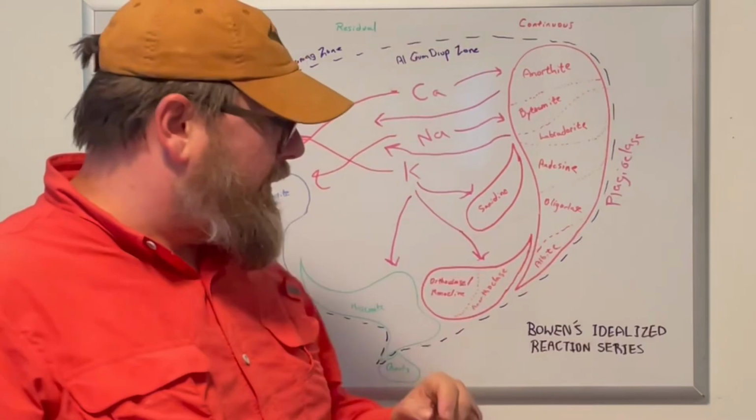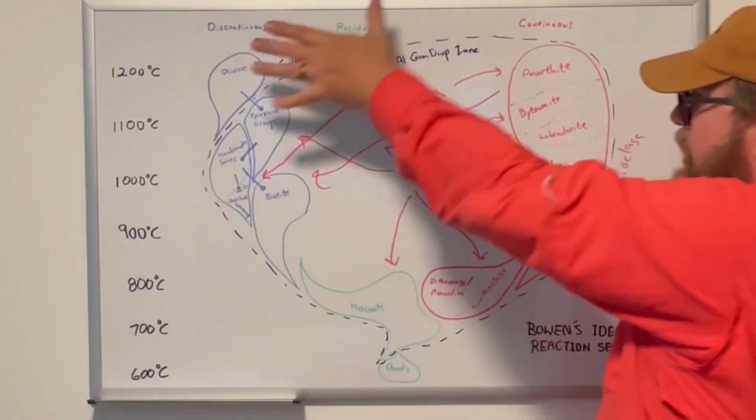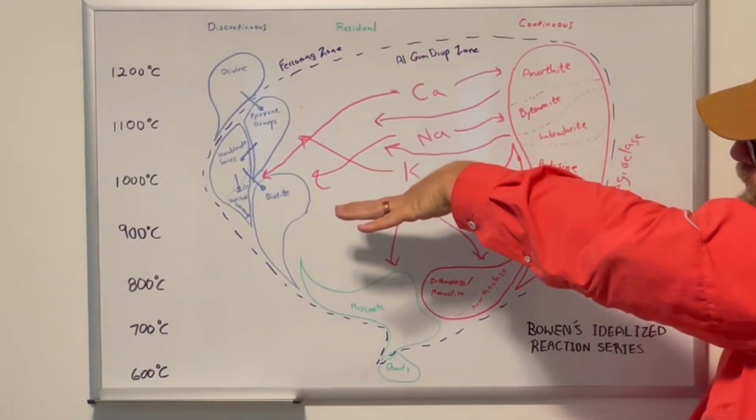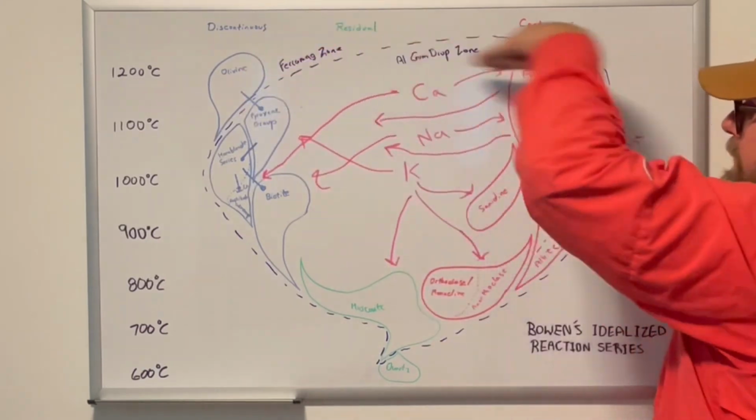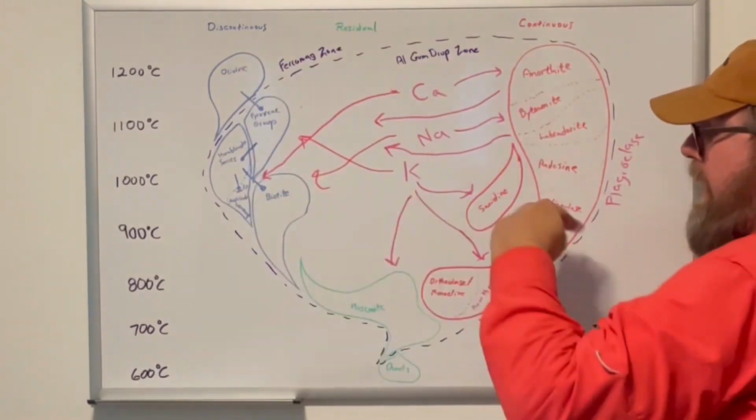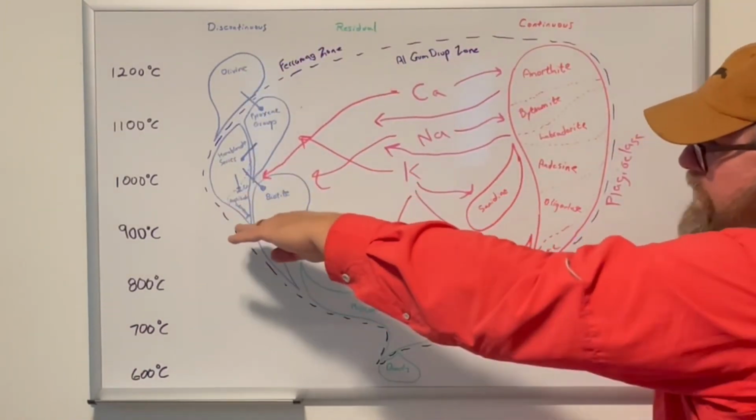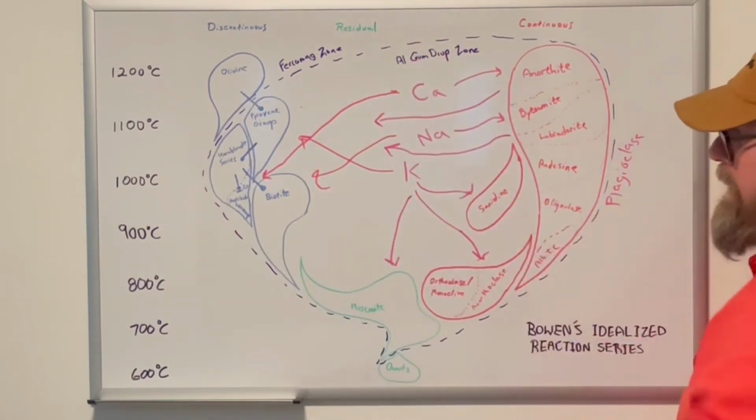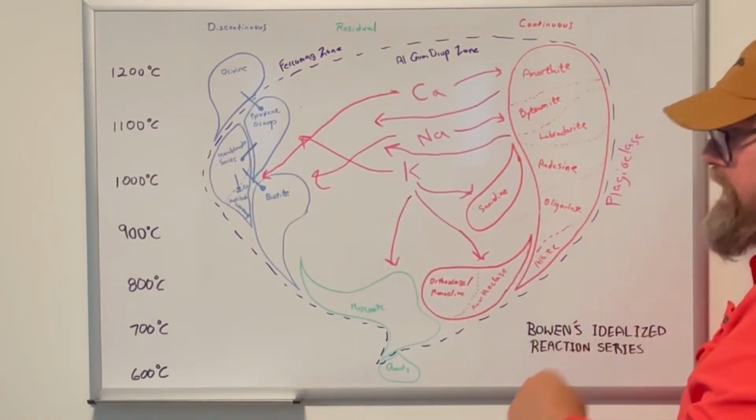One more thing I want to talk about: as your magma chamber cools, you hit 900, this is your stable line. These are unstable. These aren't even crystallizing yet.